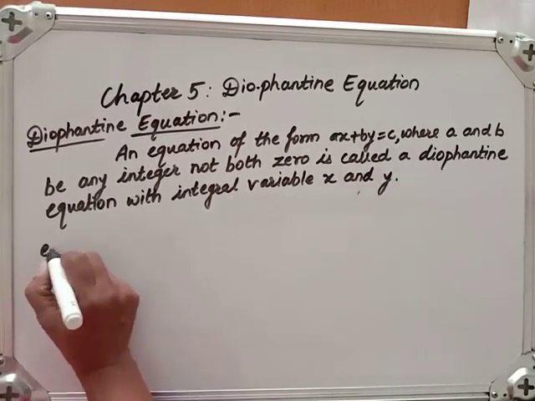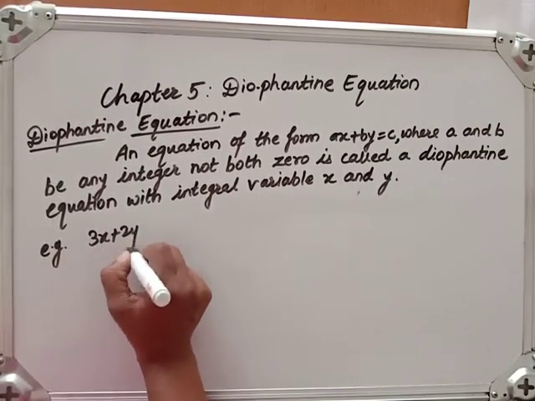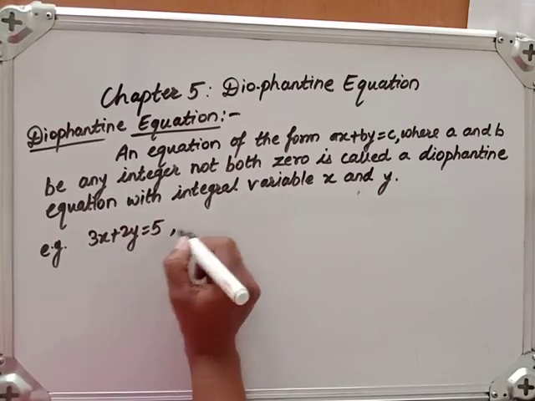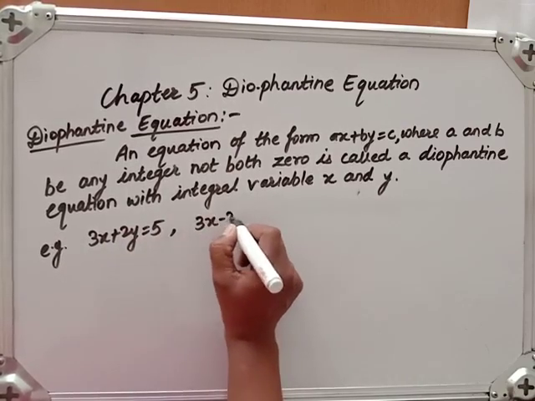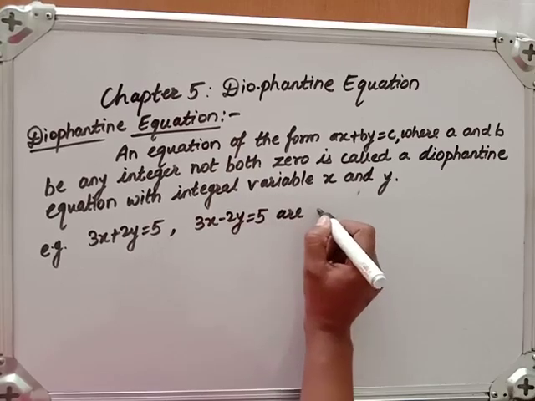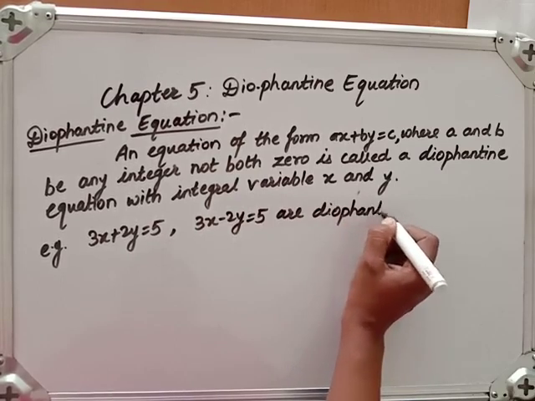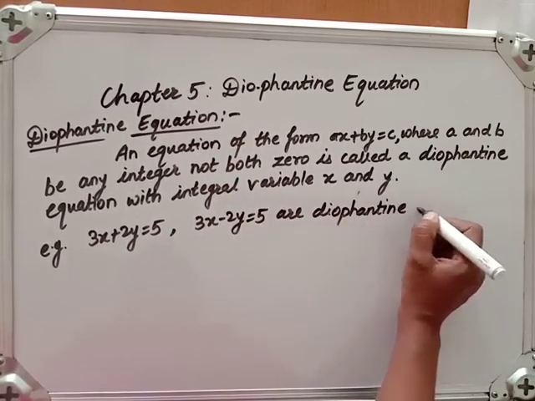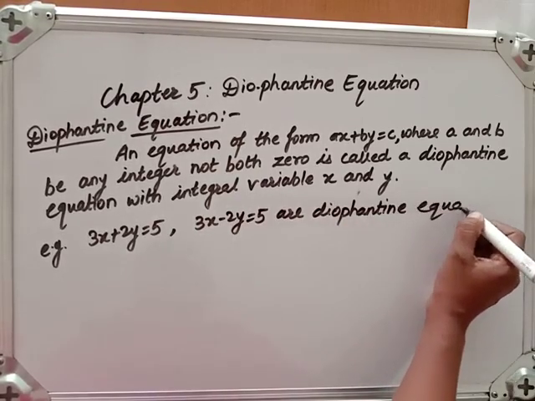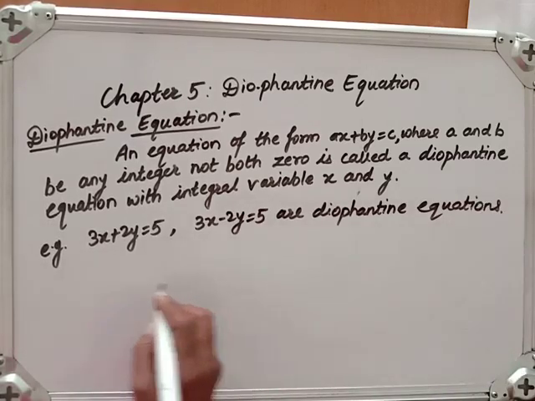For example, 3x plus 2y is equal to 5 and 3x minus 2y equal to 5 are Diophantine equations.